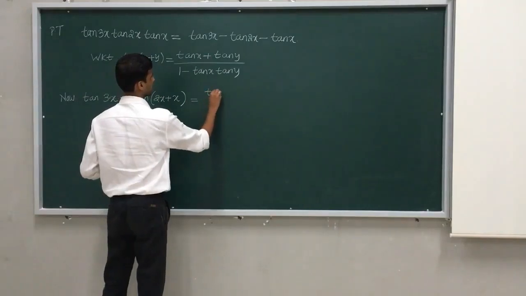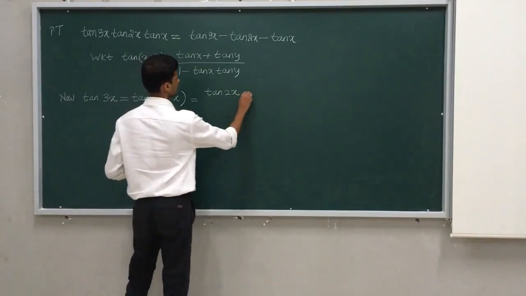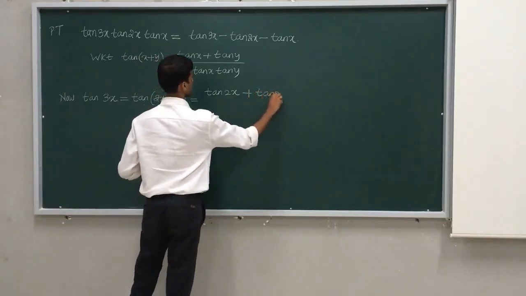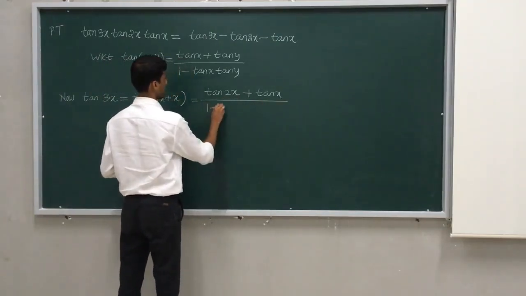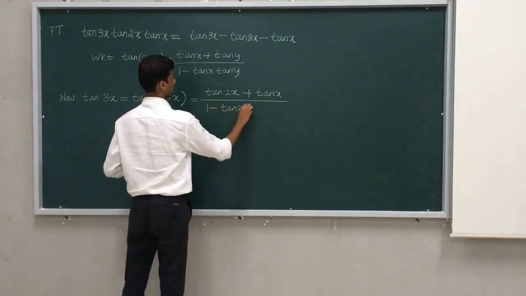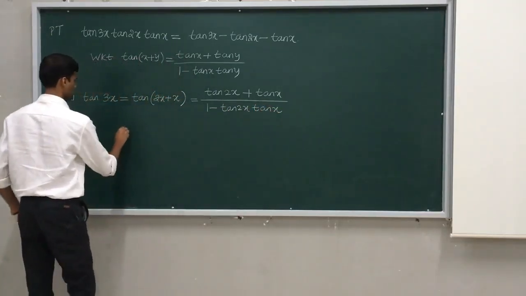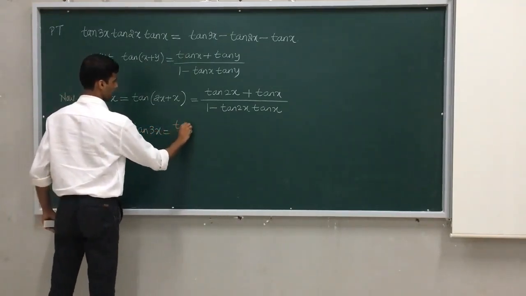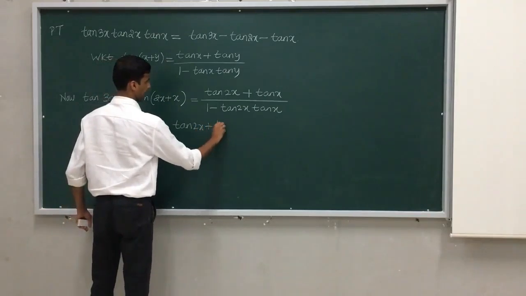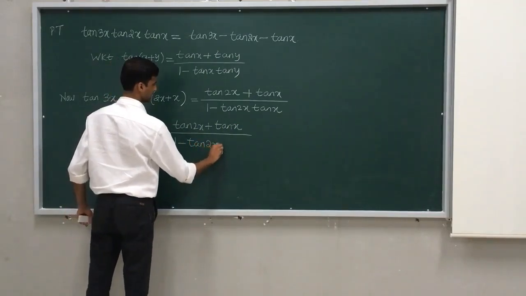I will write tan 2x plus tan x, divided by 1 minus tan 2x into tan x. So I got an idea that tan 3x is nothing but tan 2x plus tan x whole divided by 1 minus tan 2x into tan x.